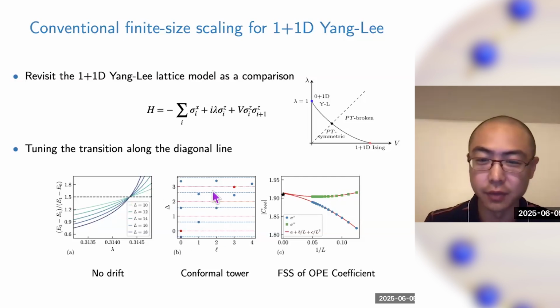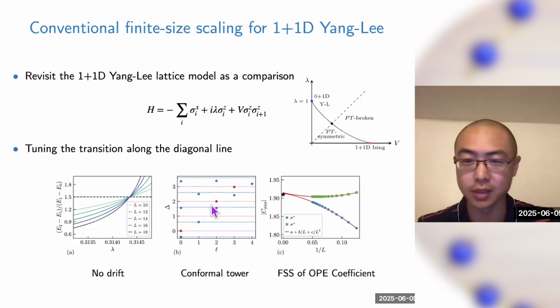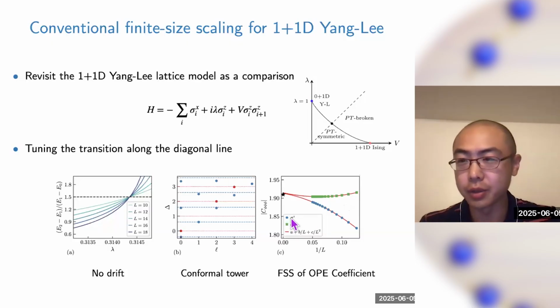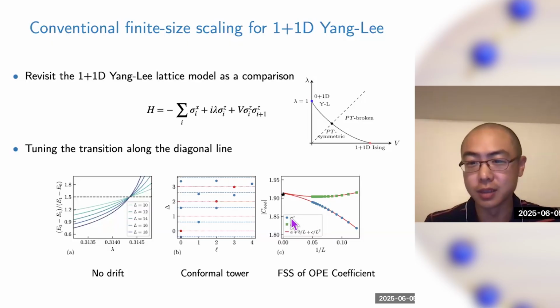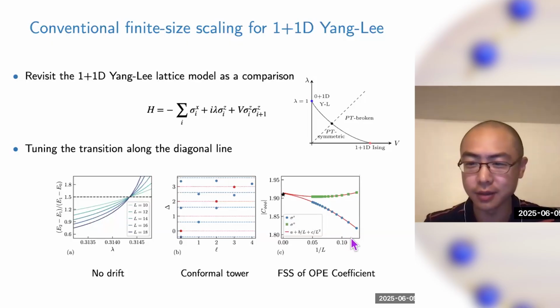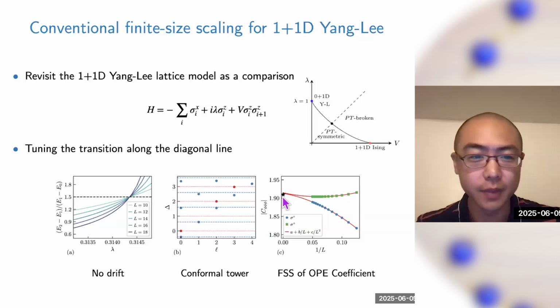And this is the conformal tower energy spectrum, which collapses with the conformal tower nicely, at least in the low energy part. You can even use it to compute OPE coefficients, which of course will see corrections because the operator overlaps with the descendants, and that gives you a finite size correction. But if you do a finite size scaling, it collapses to the CFT prediction very well.